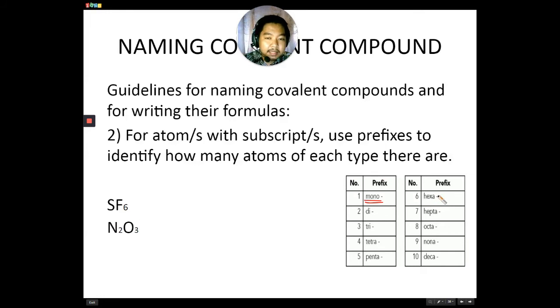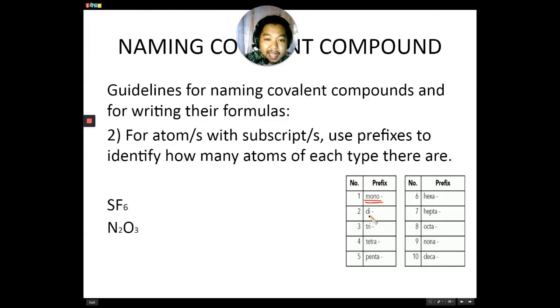So I look at 6. Pag 6 hex, so that would be hexa, and then my F, fluorine, but it should be in IDE. So fluoride. So this will become sulfur hexafluoride. Alright. The second one, I have my nitrogen, and I have 2.